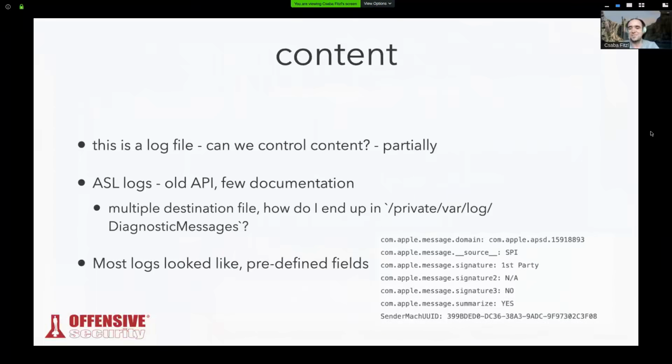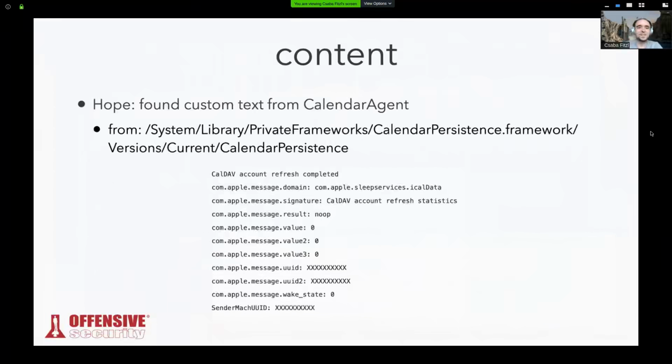I never saw any custom string, but I kept looking, and I finally did find one log which contained a string and not a predefined field: the CalDev account refresh completed.